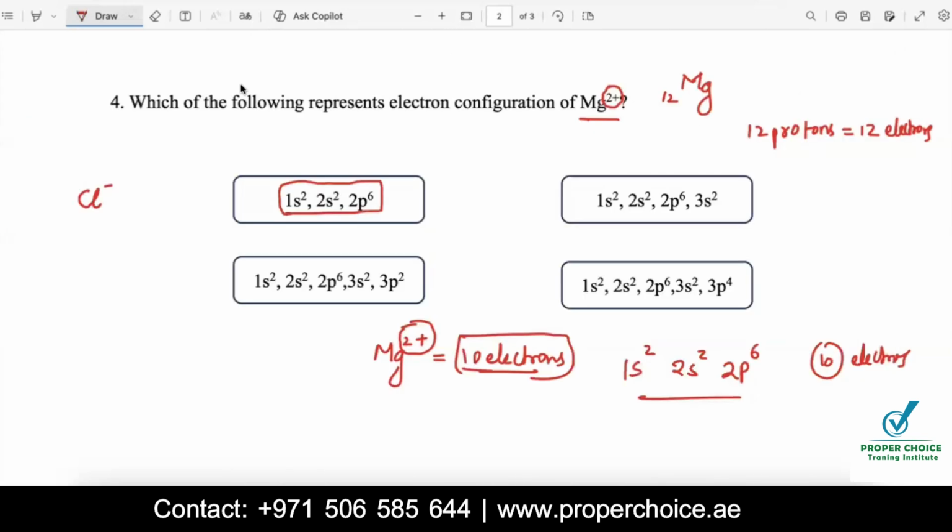So Cl minus has a total of 17 plus 1, 18 electrons, because this negative is basically negative 1, so it has one extra electron compared to a chlorine atom. That is how you can recognize it. If it is plus, reduce the number of electrons from the atomic number. If it is minus, add the number of electrons to the atomic number. So the right answer to this question is the first choice, that is option A.